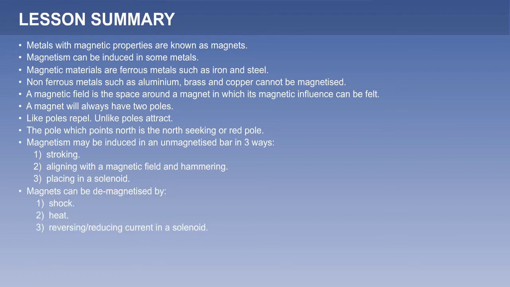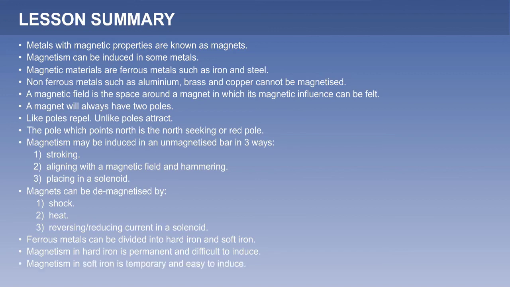Magnets can be demagnetized by shock, heat, reversing and reducing the current in a solenoid. Ferrous metals can be divided into hard iron and soft iron. Magnetism in hard iron is permanent and difficult to induce. Magnetism in soft iron is temporary and easy to induce.